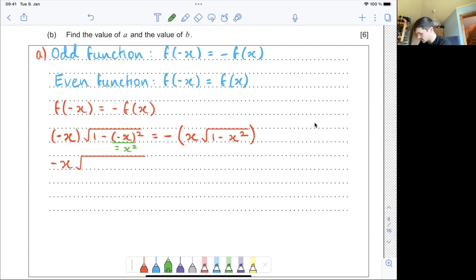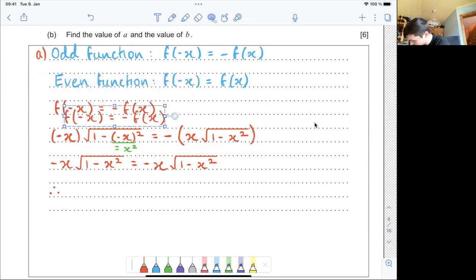So we get 1 minus x squared under our square root sign. And now we look at the right-hand side, we're going to get negative x, and then just multiplied by the square root of 1 minus x squared. And there we can see they are the same function.